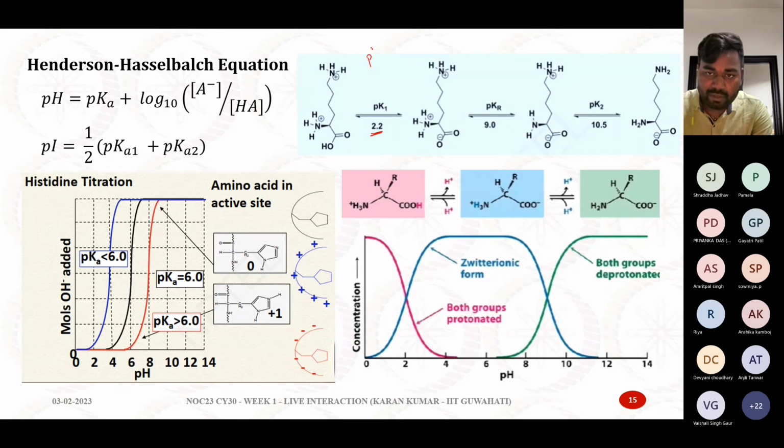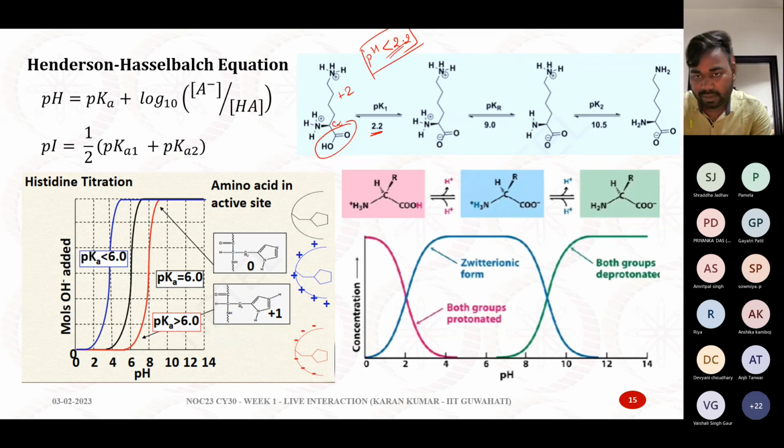When the pH value is less than 2.2, this will be in the protonated state, so the net charge of this amino acid will be +2.